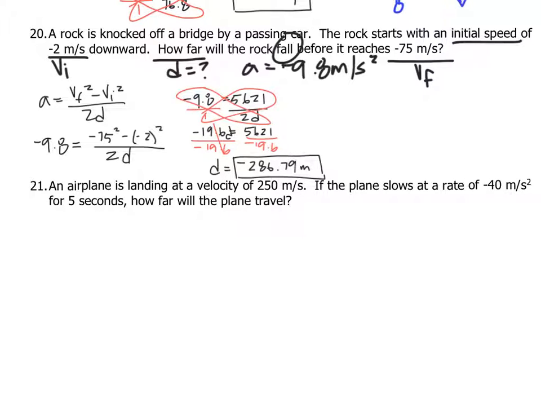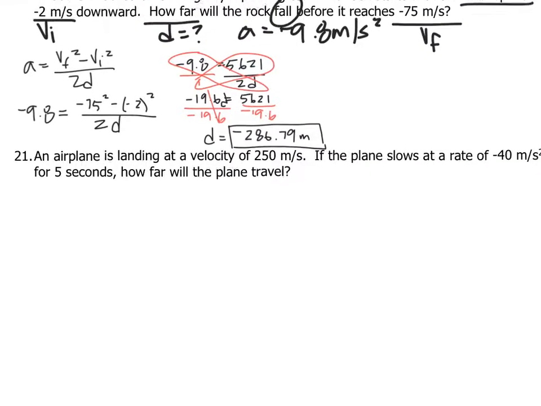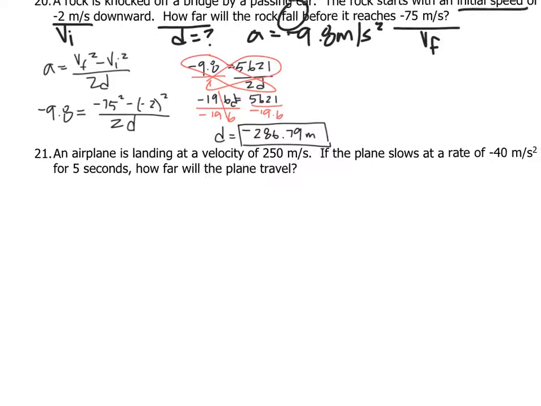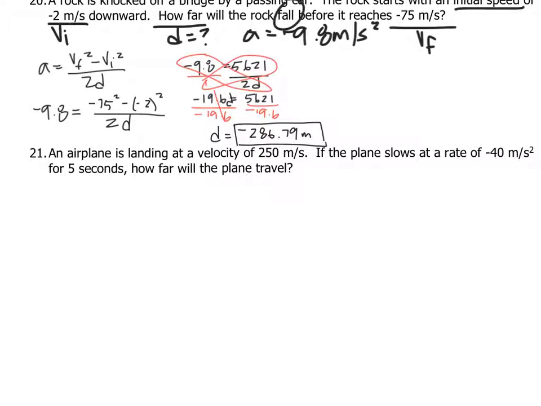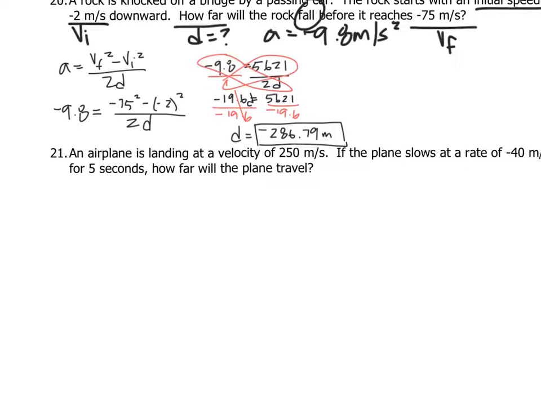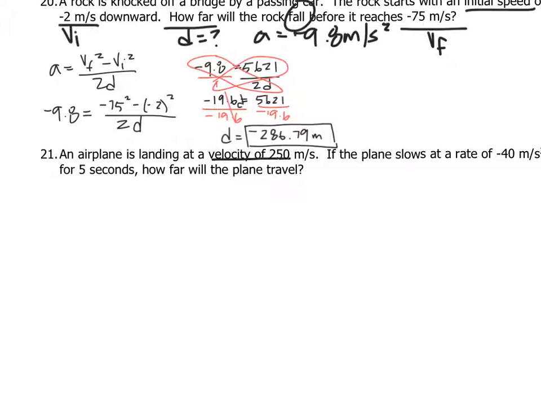Okay, let's look down here at number 21. 21 says an airplane is landing at a velocity of 250 meters per second. The plane slows at a rate of negative 40 meters per second squared for 5 seconds. How far will the plane travel? Okay, so it says it's landing at a velocity of 250. So its initial velocity is 250 meters per second.